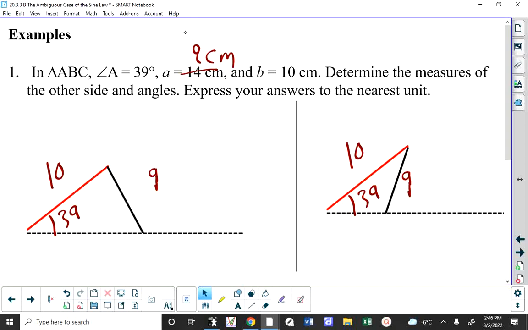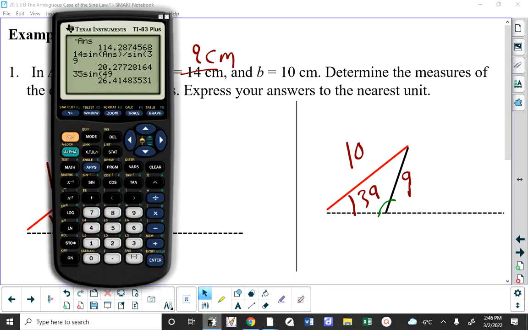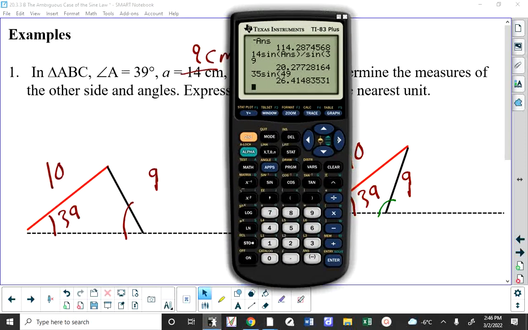And remember what I told you, when you use the sine law in your calculator to find the angle, it will tell you this angle, not this angle. And specifically, you can set it up on your own, but I'm just going to do it on my calculator. If you use the sine law here, this is a 9.